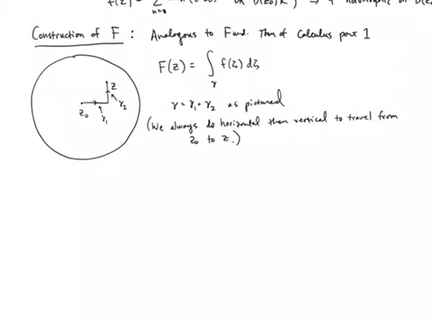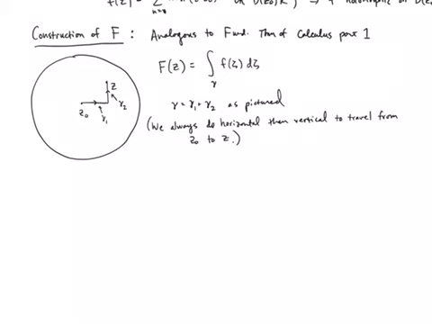For any Z in the disk, there's a unique path that goes horizontal and then vertical. The horizontal path might be to just sit still. If your Z is directly above Z naught, you might not have any horizontal component at all and just go vertical. But in any case, we're allowing the path that doesn't go anywhere to be your gamma 1.